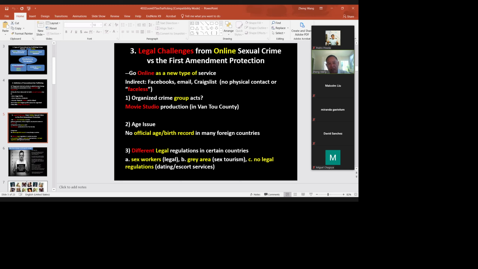There's a certain dating service where you put in your email and pay to have a date, an escort service. There's no legal regulation saying it's illegal. So it's still legal per se, which is what I mean by no regulation yet, because everything is implied. So that is the legal issue regarding online sex crime.